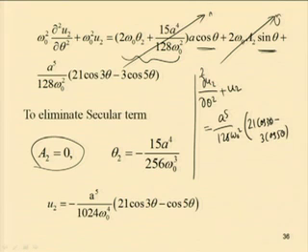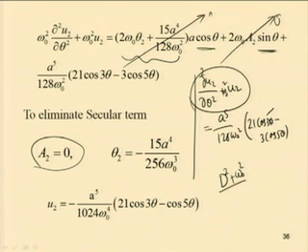In this case, the auxiliary equation will be d square plus omega 0 square, with u 2 on the right hand side.